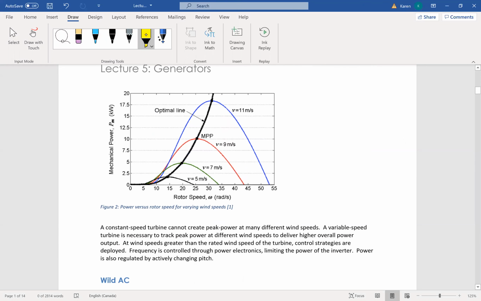So let's look at this chart where you have different velocity speeds of the wind, for example, 9 meters per second and 5 meters per second, but you are able to vary the rotor speed to achieve peak power.